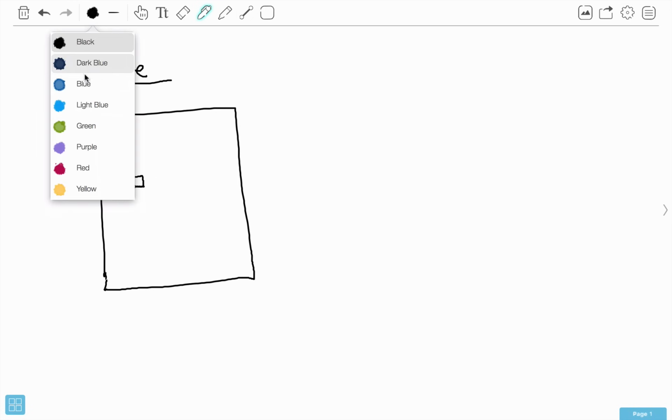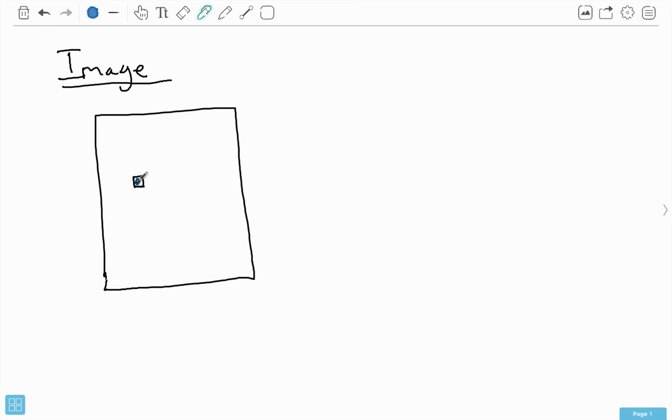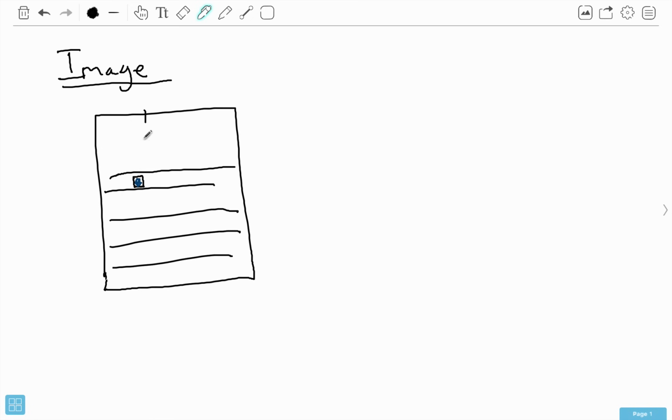And so let me color this one in with something like blue. So inside of our image, we have a ton of different pixel values, and they're all arranged in this grid pattern where we have rows and columns. And these singular units called pixels comprise our image, much like how ones and zeros comprise our computer program.